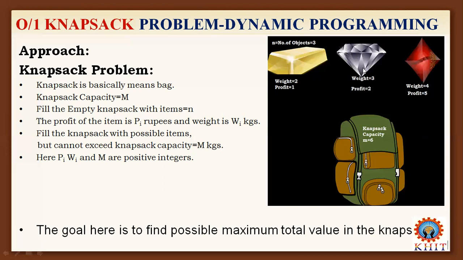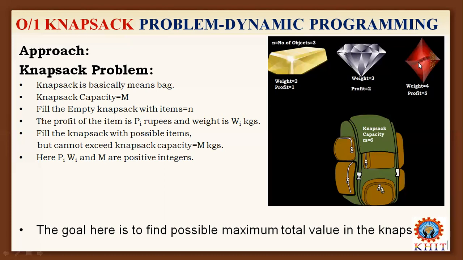This is the second object, the diamond object. The object weight is 3 kg and the profit you can earn if you pick the object is 2 lakhs. And the third one is a red diamond or purple diamond.